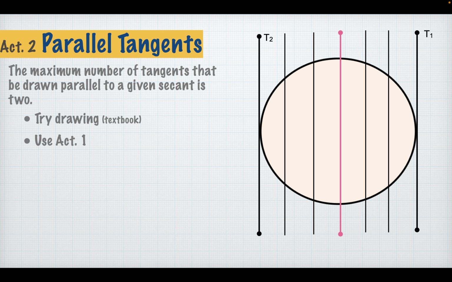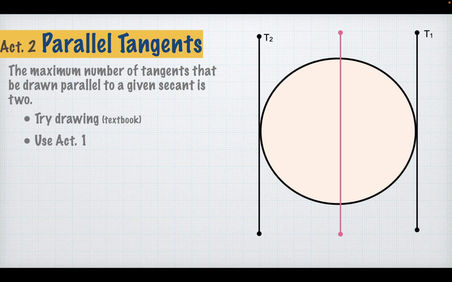But can I draw a tangent at any other point on the circle? Because I cannot draw at the points where T1 or T2 touches. At the points where T1 and T2 touch, I cannot draw any other tangent. But what about other points? Let's see. Let's see a point on the left of the secant.